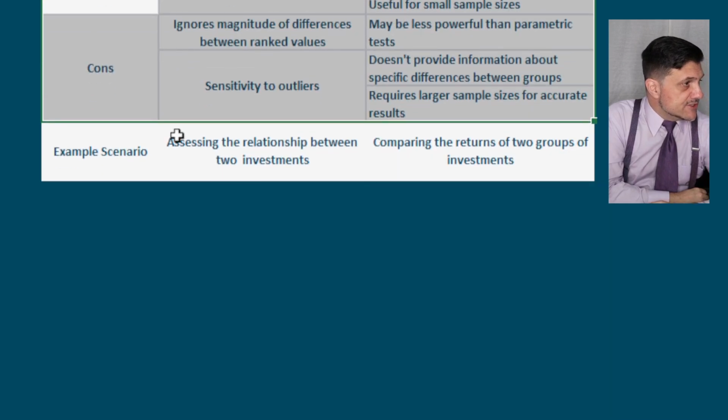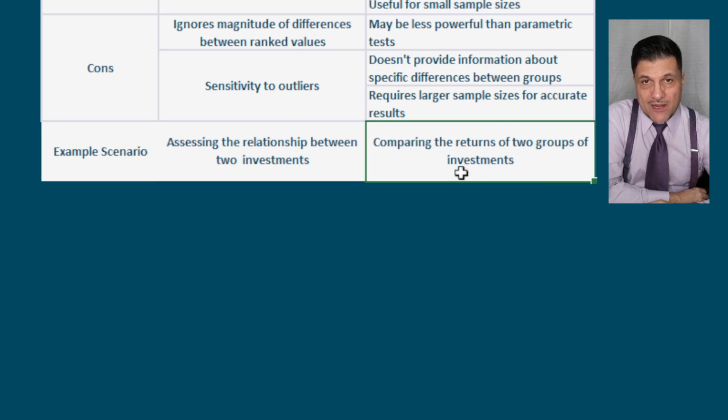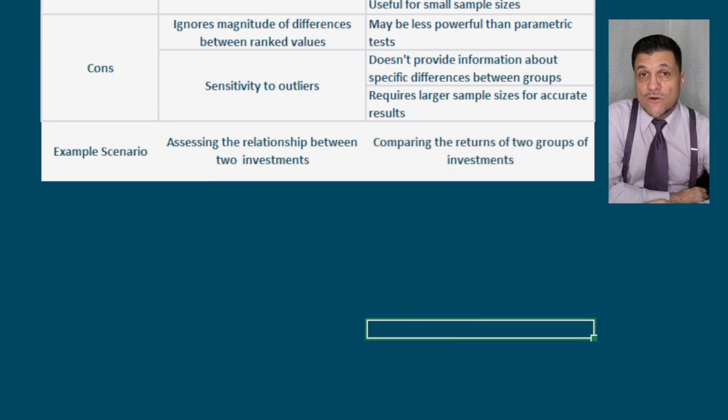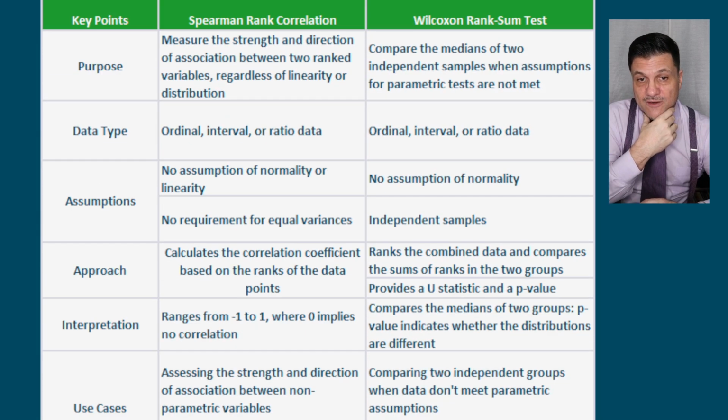And when to use it, here's an example: assessing the relationship, correlation, and comparing returns. Look at that, okay? So let's say John, a CFA financial analyst, is looking for a non-parametric test for correlation of two variables. Which one would John prefer?